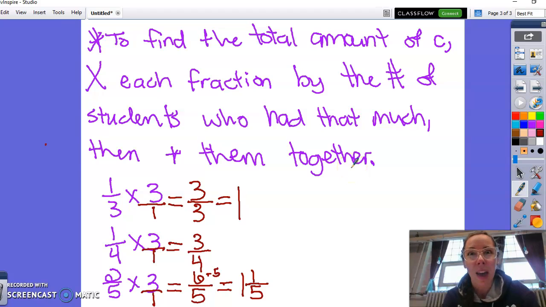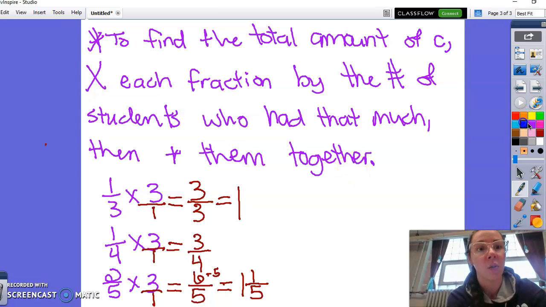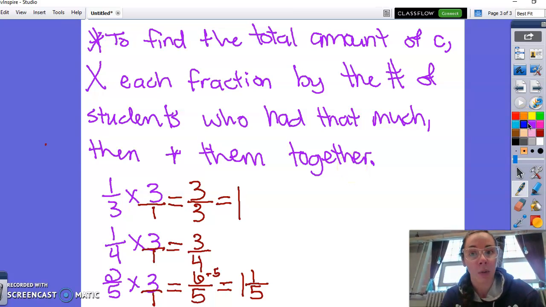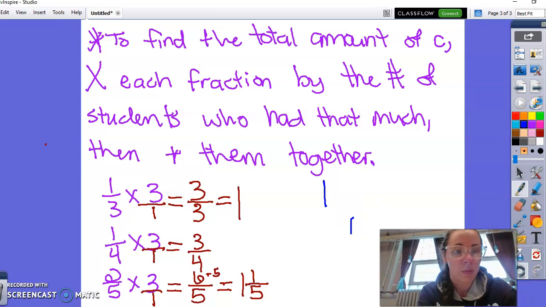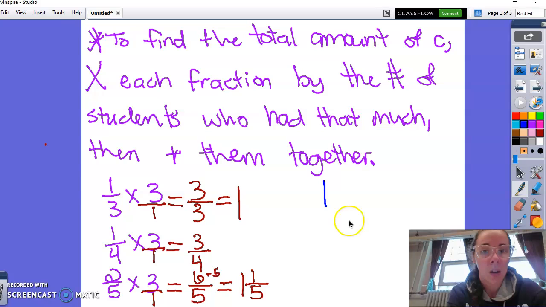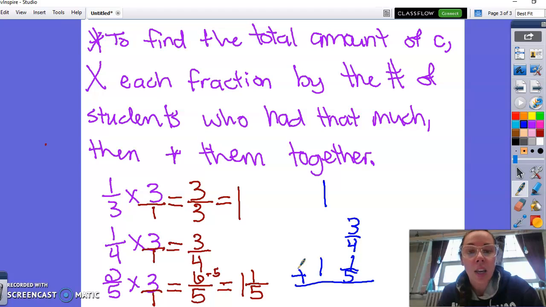So this goes way back. Now we have to go back to adding and subtracting with fractions. I have 1 whole plus 3/4, plus 1 1/5. Okay, before I can add these, I have to do something with these two fractions. Remember what that is?